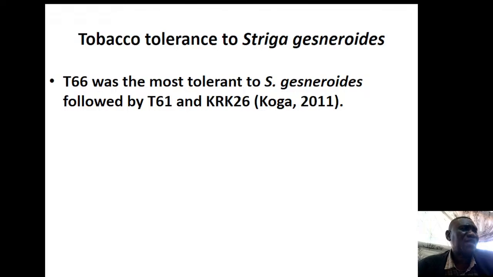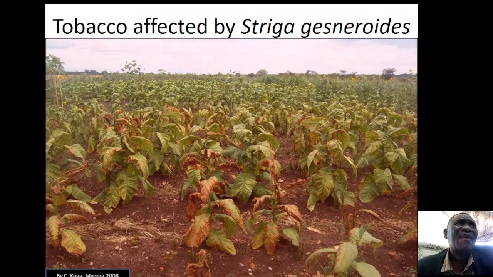This was reported by Koga. This is the tobacco affected by Striga gesnerioides. You can see it can affect the leaves. But this is a wrong variety in a Striga gesnerioides infected area.